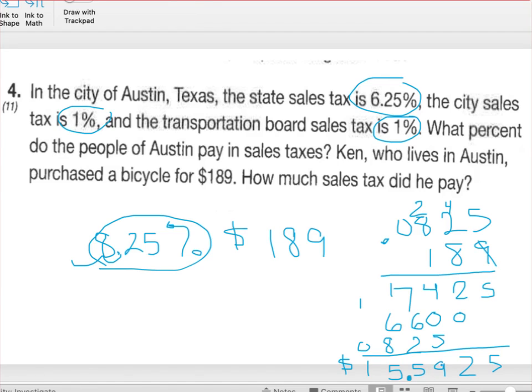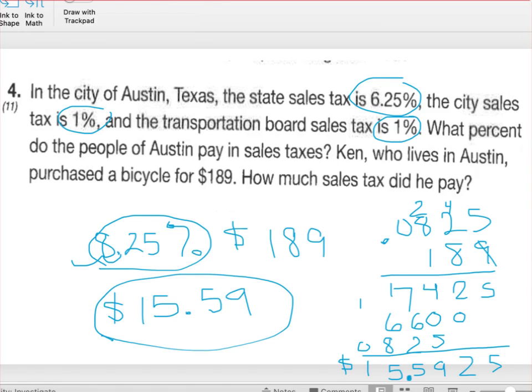So we're going to round it to 59 because the 2 doesn't go up, it goes down. So we got $15.59 is the tax that he owes on his bicycle. That's a lot of tax.